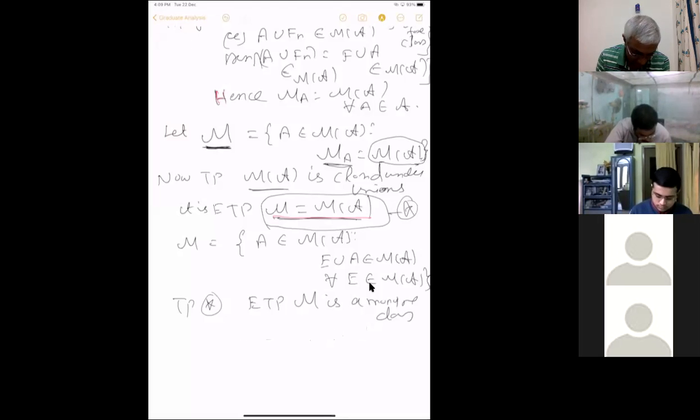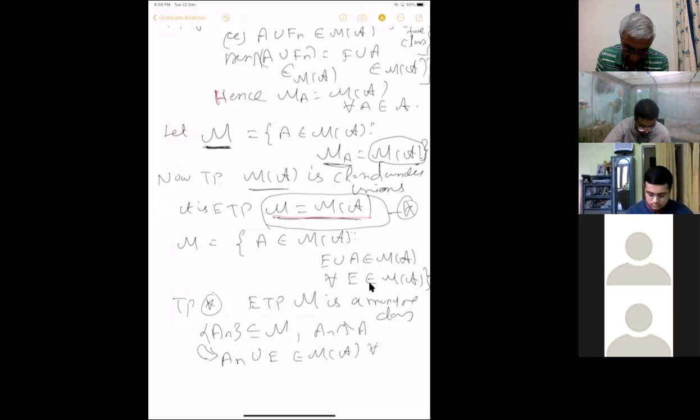Suppose An is contained in M and An increases to A. Then we want to verify this A is there. An is in M means An union E is in M of A for all E.